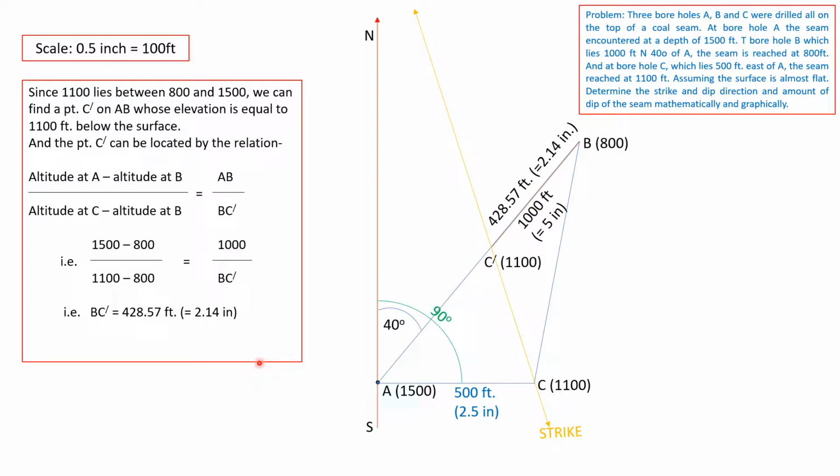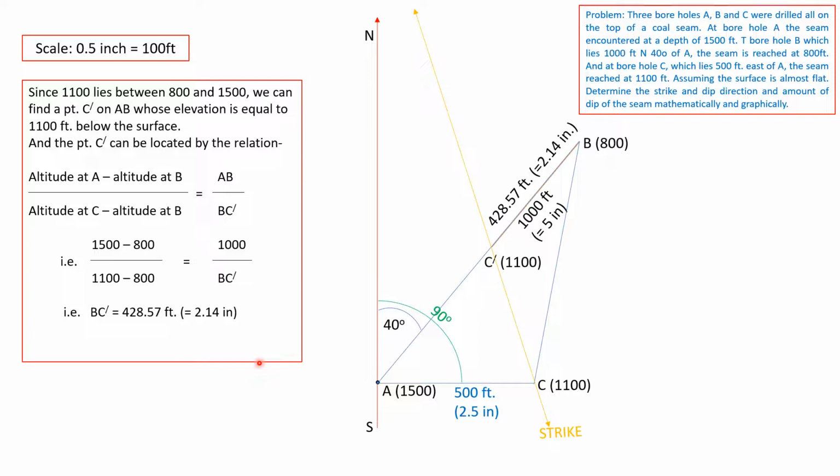Now let us find the direction of the strike. Unluckily, here the north-south line and the strike CC dash do not intersect within the worksheet, and we are unable to measure the angle. In such cases, either draw a strike through point A or draw a north-south line intersecting CC dash so that we can measure the strike direction.